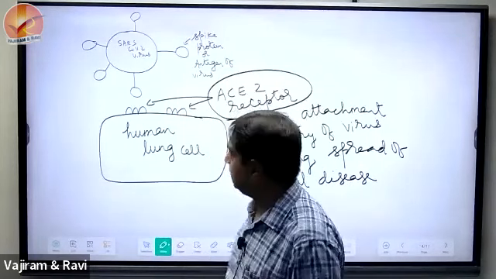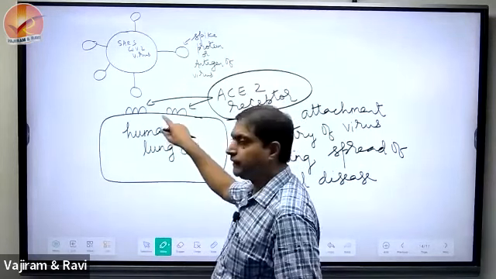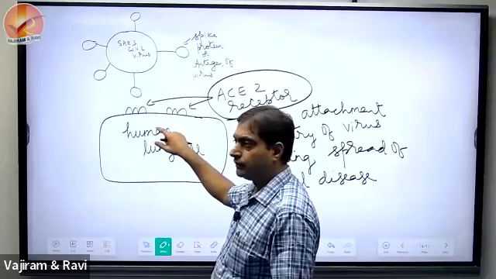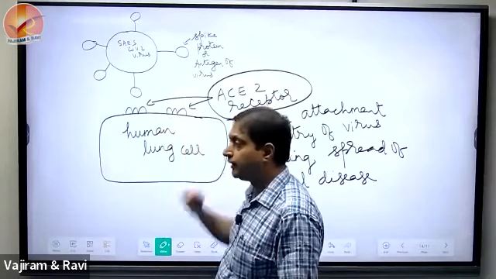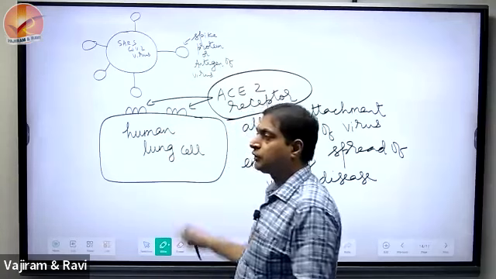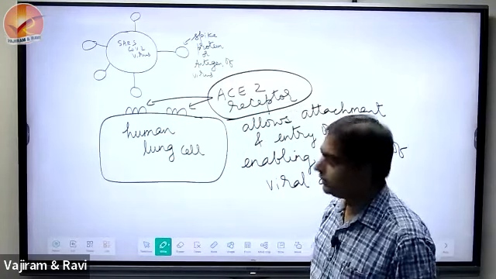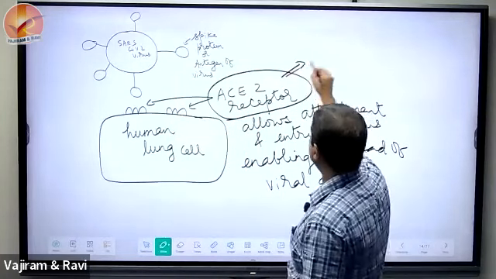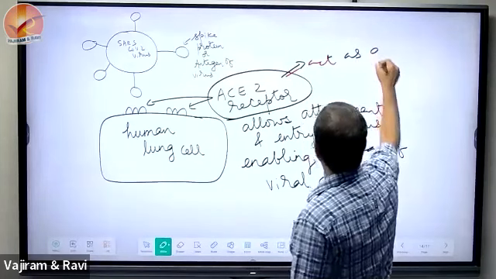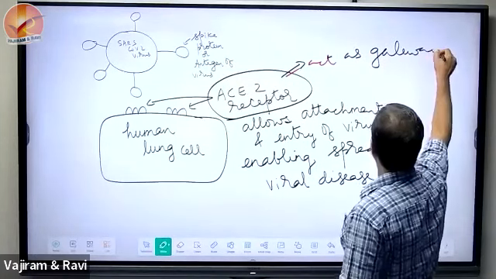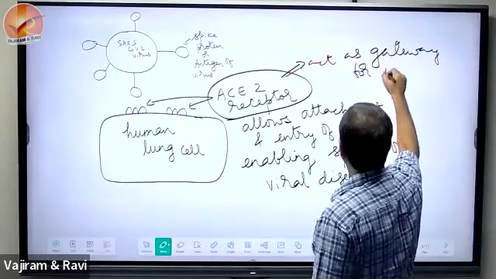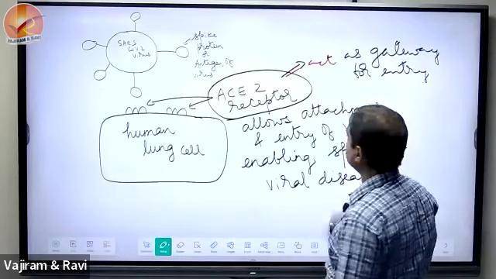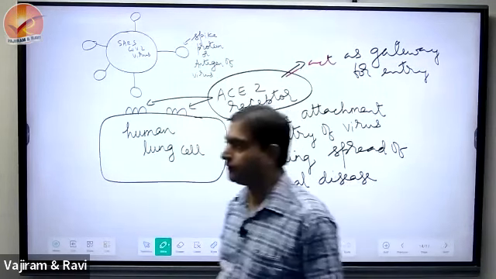But unfortunately, they also enable the stickiness of the SARS-CoV-2 virus and its entry and infection. So the ACE2 receptor basically acts as a gateway for the entry of the virus. Gateway for the entry of the virus.